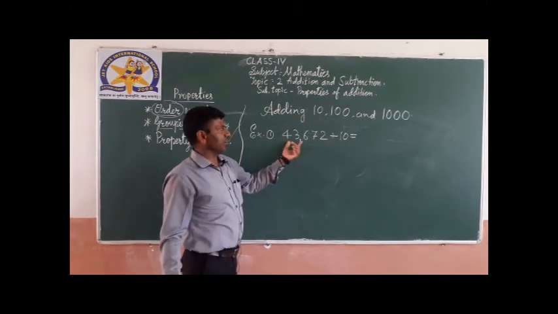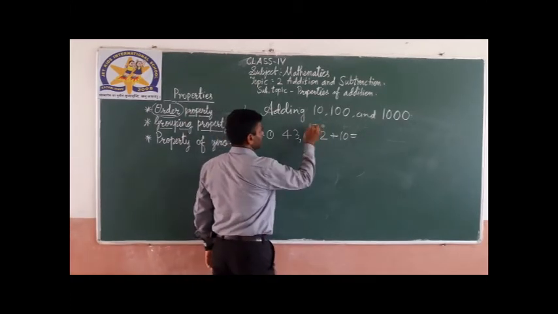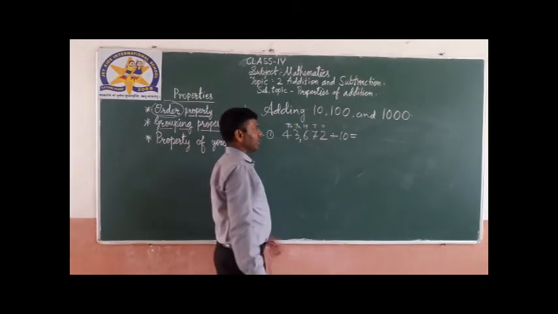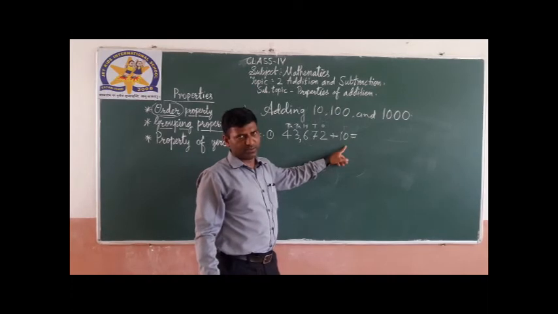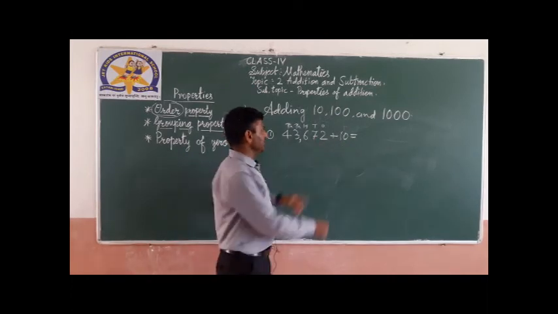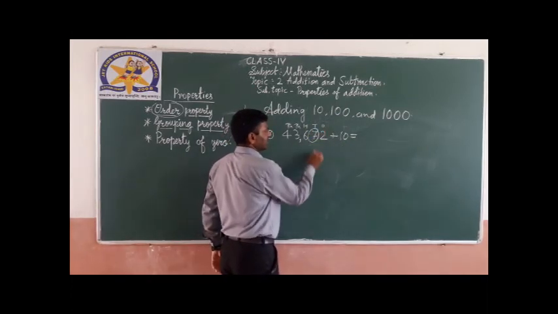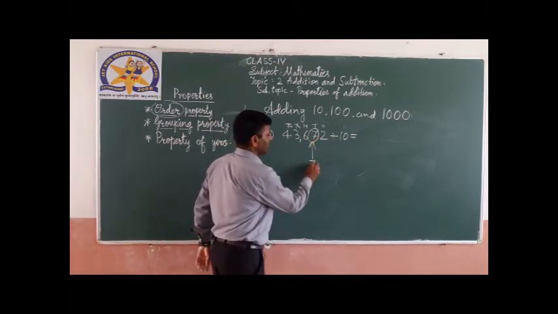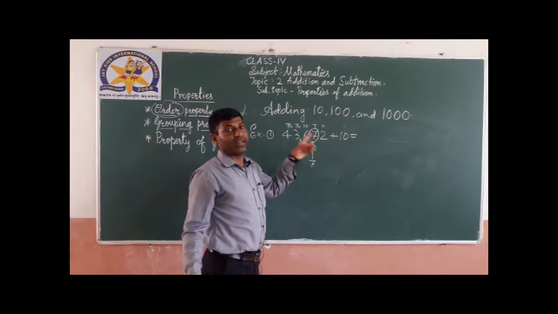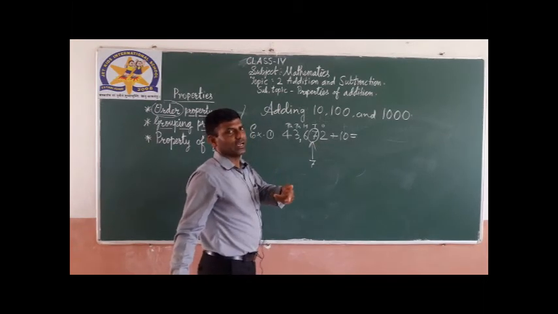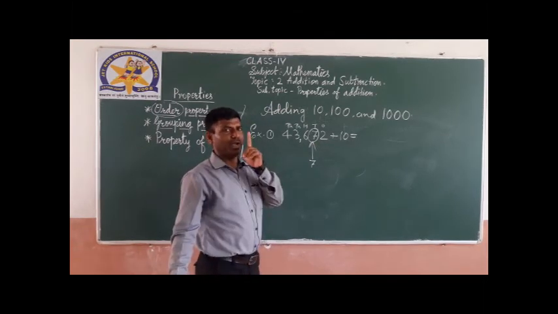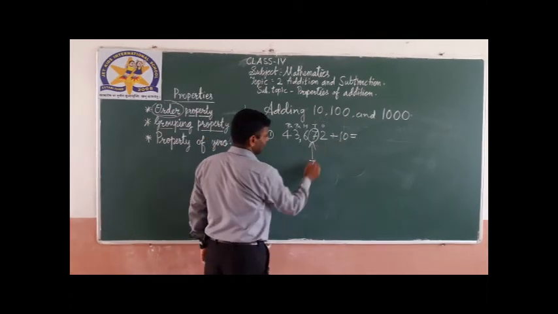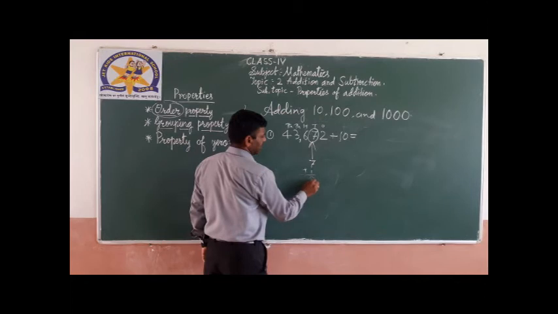In a number, this is ones place, tens place, hundreds place, thousands place, ten-thousands place. If we add 10 to a number, then the tens place digit, here 7, will increase by 1. 7 plus 1, 8.